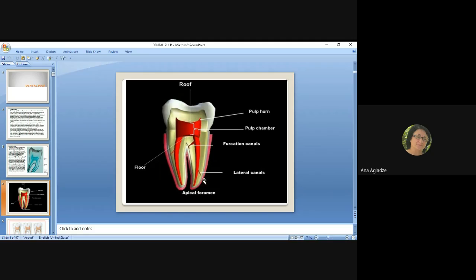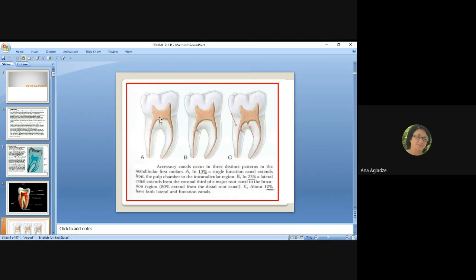Small accessory canals branch from the main canal, here and here and here, and have their own foramina, and they are found most commonly in the apical third of the root. And here you can see this is the accessory canal.